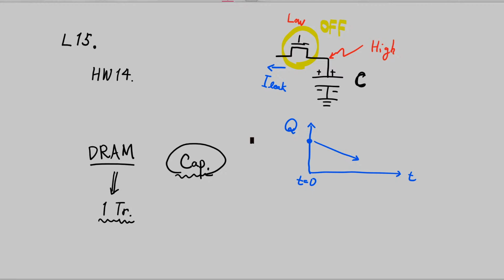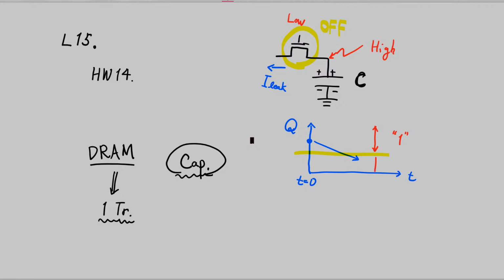So think about this one. Maybe we have a certain boundary for determining this is on or off, or 0 and 1. So if the stored charge is beyond this value, then we'll say that this corresponds to logical 1.